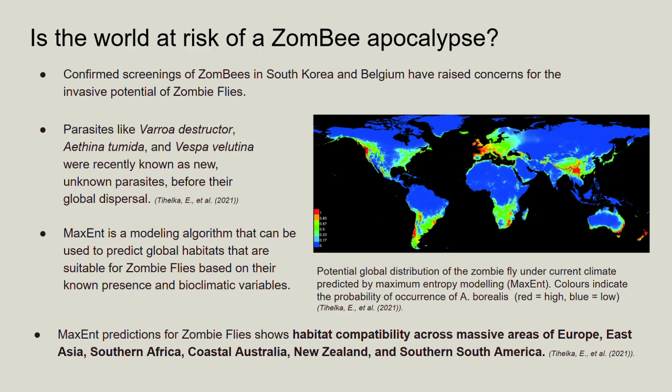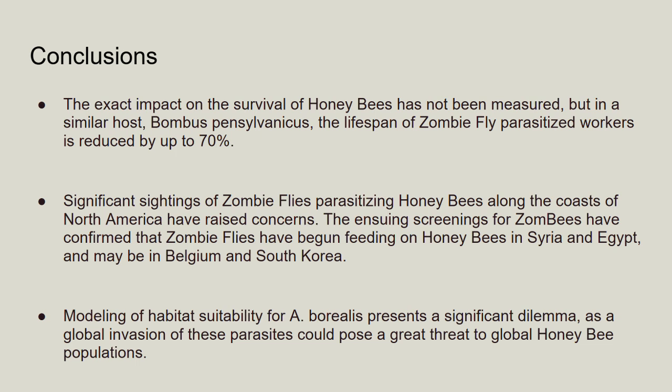So, just basic conclusions. We know that the exact impact on the survival of honeybees has not been measured, but for Bombus pennsylvanicus, we know that their lifespan is significantly reduced by up to 70%. We have confirmed sightings along the east and west coast of the United States and up into Canada.